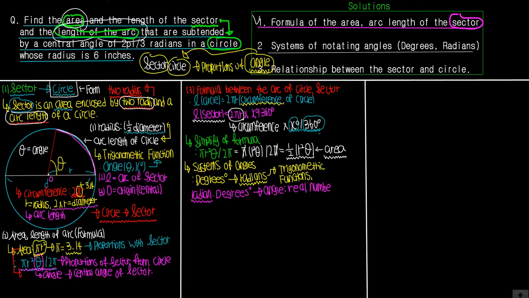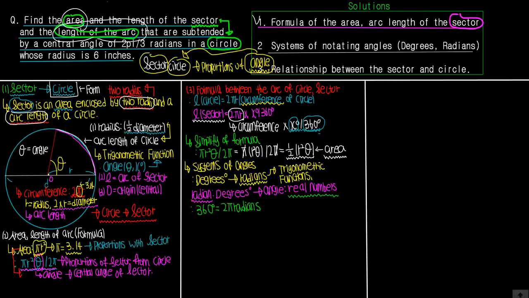So radian is basically converting our angles to real numbers, not degrees. There is a special formula for it, and we know that 360 degrees is 2 pi radians.